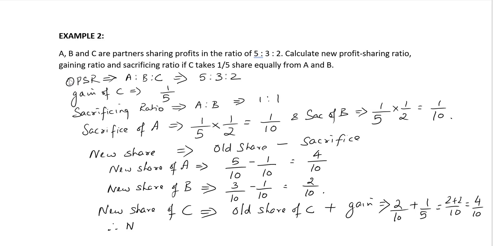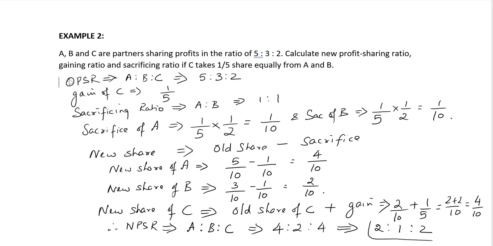Therefore, NPSR between A, B and C is equal to 4:2:4, which can be further simplified into 2:1:2. So this is the NPSR 2:1:2. The sacrifice ratio between A and B is 1:1, and there is only one person gaining, and that is C, and his gain is 1 divided by 5.